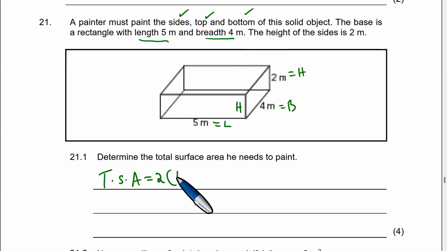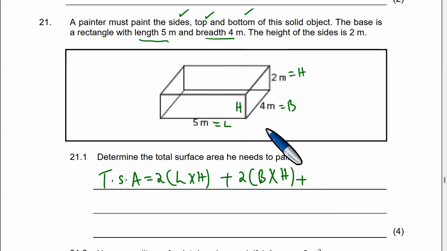So you have twice the length multiplied by the height, plus this face, the breadth and the height, which is congruent to the face on the side. So it's twice the breadth multiplied by the height, plus the bottom face and the top. The bottom is length by breadth, so you have twice length by breadth because the top and the bottom are identical faces.